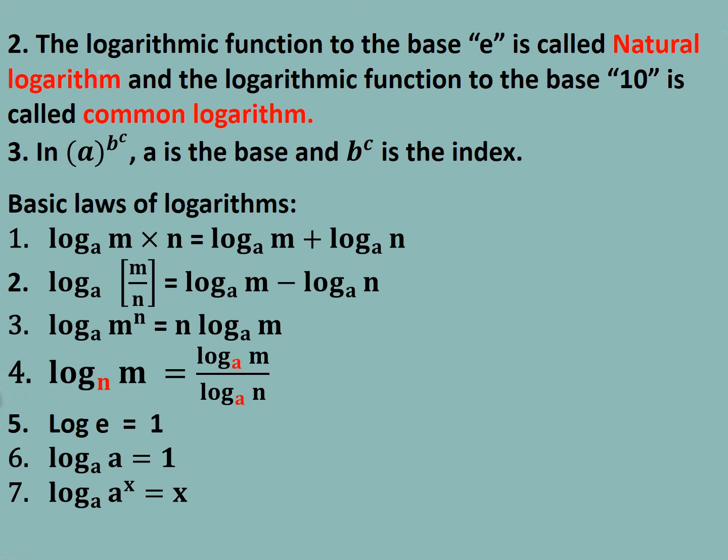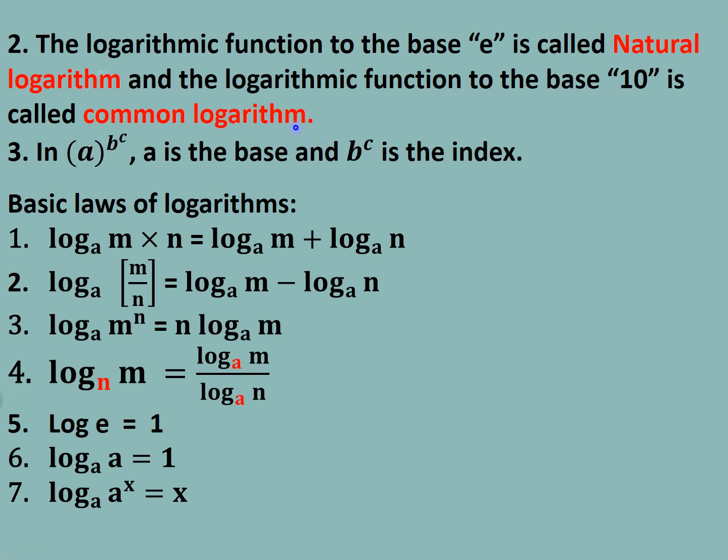Next point in this is the logarithmic function to the base e. We know e is an irrational number. Suppose in the exponential form, if e is the base, then the logarithmic function to the base e is called the natural logarithm. And the logarithmic function to the base 10 is called a common logarithm.